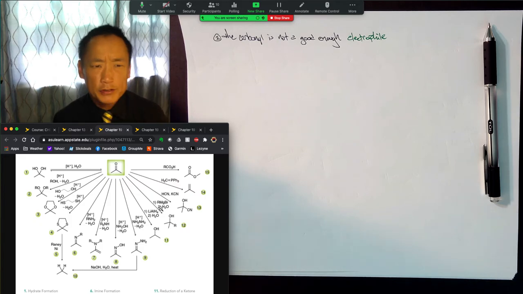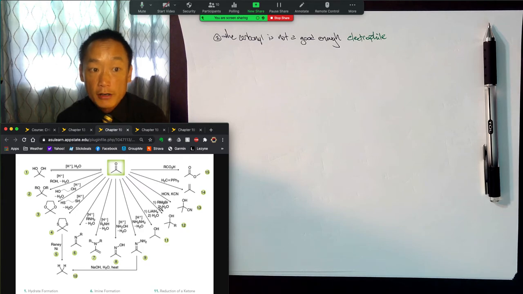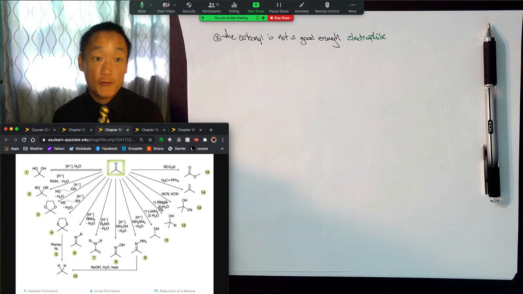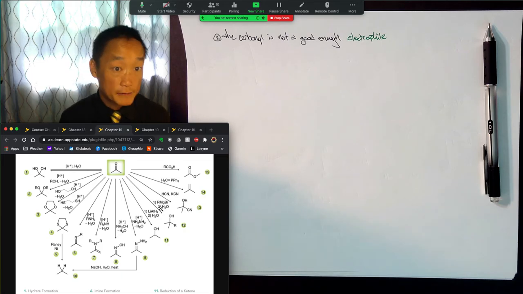This example's a little different because now the nucleophile is not going to be super strong. So you, as the nucleophile, are going to be just a little bit quieter. But if I could grab a megaphone and turn myself into a really great electrophile and scream Marco Polo, then perhaps you could find me. And that's exactly what's happening here. In the classic organic chemistry world, when we make a new bond, we have to make a new bond from a positively charged species and a negatively charged species.